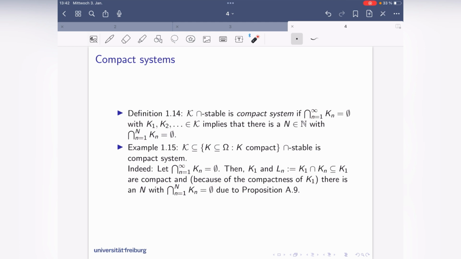So that's the same thing to say that if this here is the empty set, then there is something like here also the empty set. It's the same to say for all n, it's true that if this here is not the empty set for all n, then this here is also not the empty set.